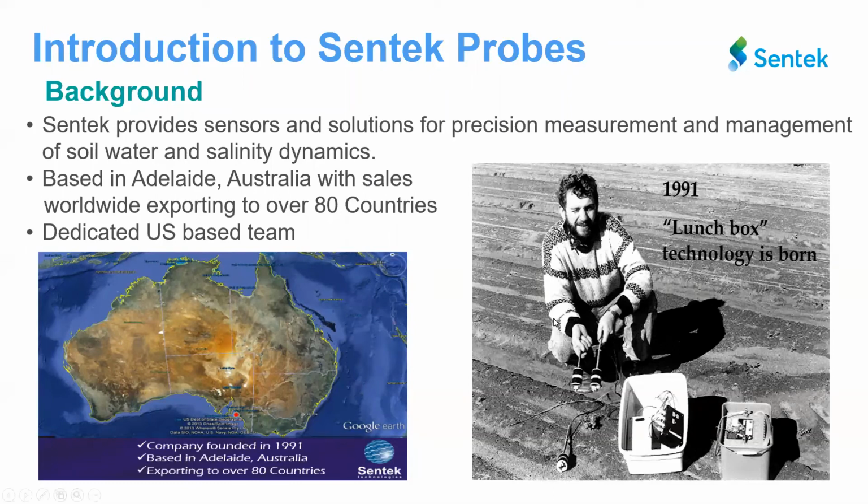And there was another co-founder of the company that came from the aerospace engineering industry, and they decided that capacitance was the correct technology, right? And just a simple explanation of what capacitance is: it's basically converting a voltage into a frequency, and the travel of the frequency through the soil media is how you're able to capture water content as well as temperature and salinity. So this is the initial prototype of how the probes were developed.